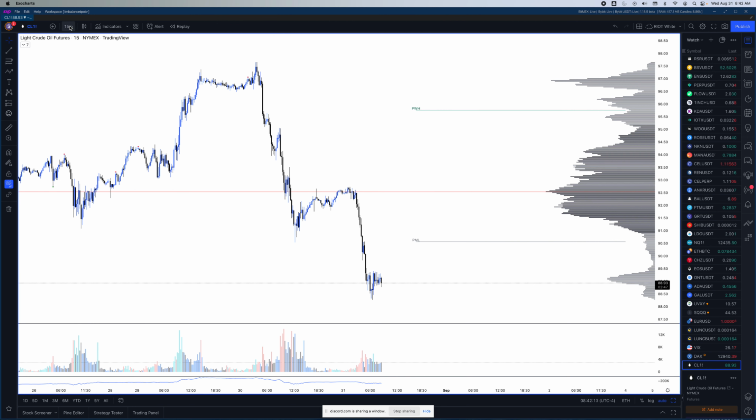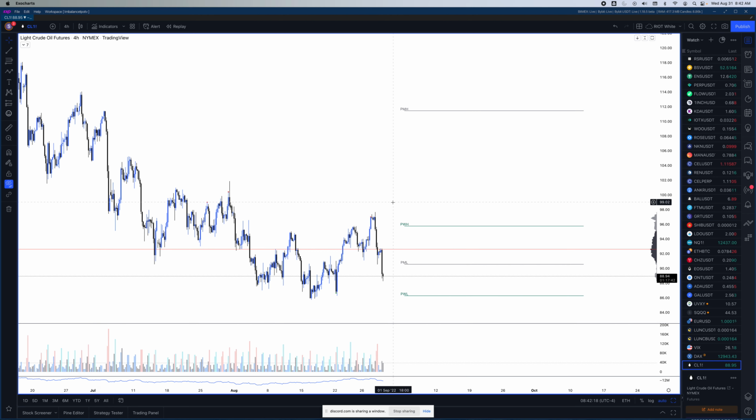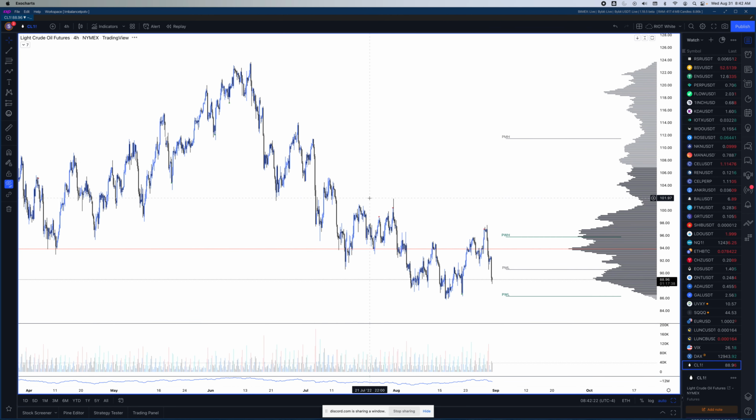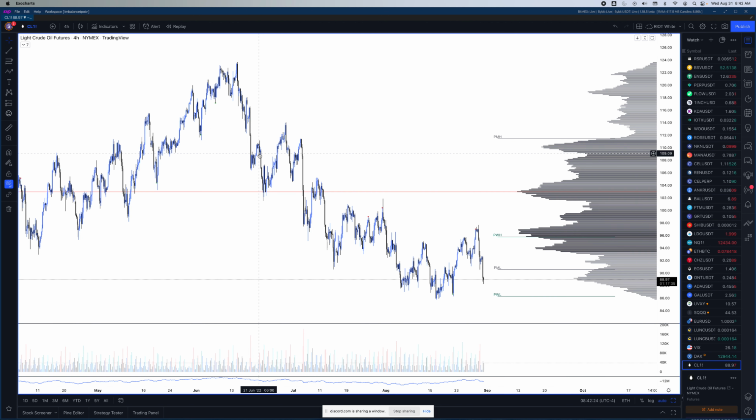But if you really want to plan out some of these trades, you have to zoom out. Even on the 4 hour chart, I can't tell where this is going. I have no clue where this is going.